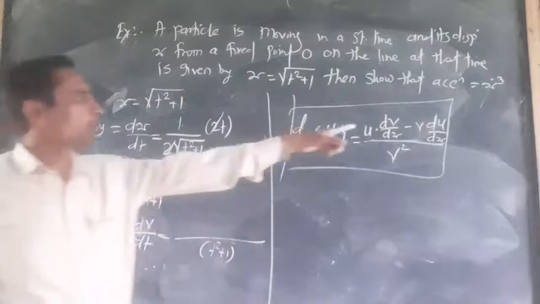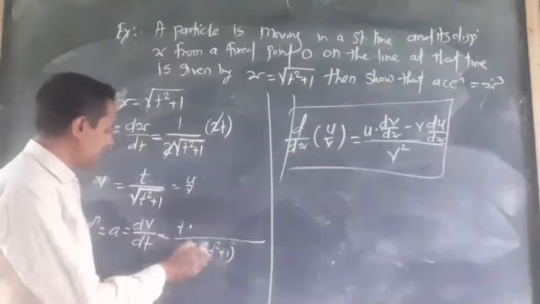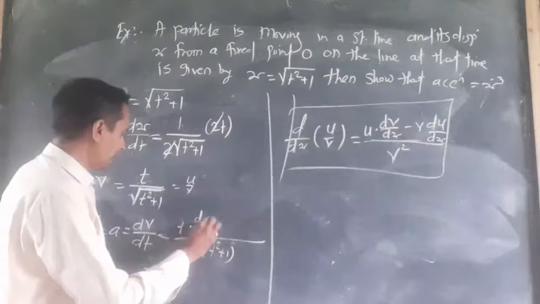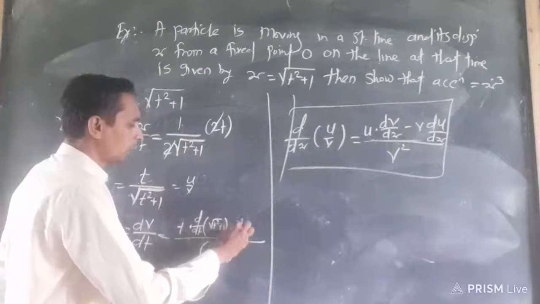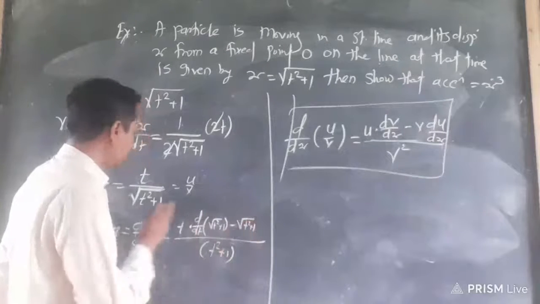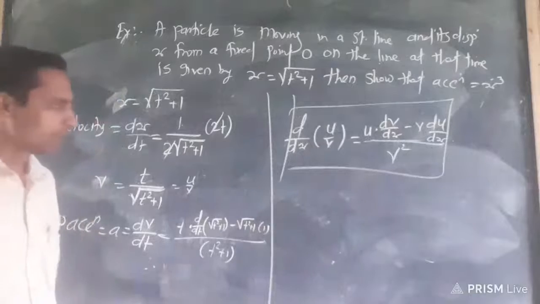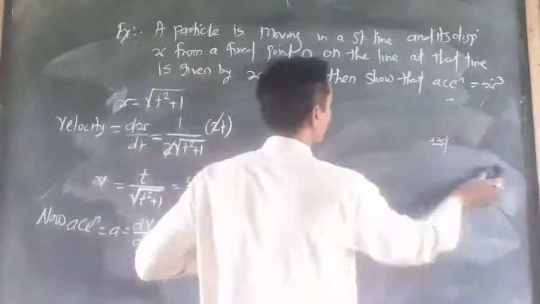Again u is t. T into the derivative of d by dt of root of t square plus 1. Then negative, root of t square plus 1 is a constant, and the derivative of t is 1. Next step is simplification of these terms.